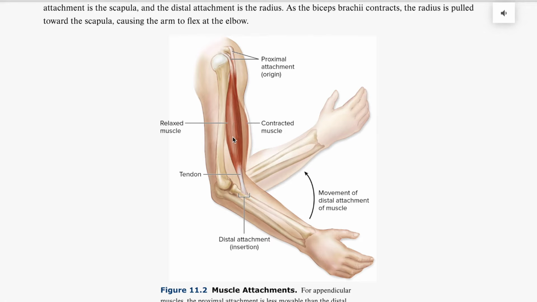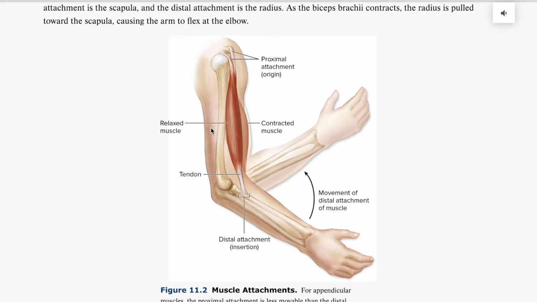Well, what is the antagonist? What is opposing that action? That is the paired muscle, the triceps brachii. Why do I want you to learn this in pairs, even these definitions? It's because when you learn it one way and you know it's a pair, all you have to do is invert the terms to learn the other set of terms you have to know.